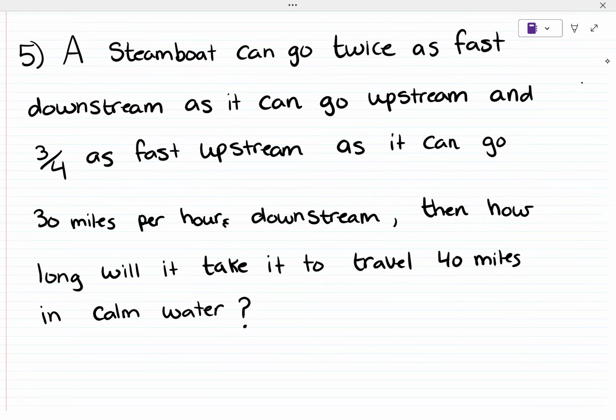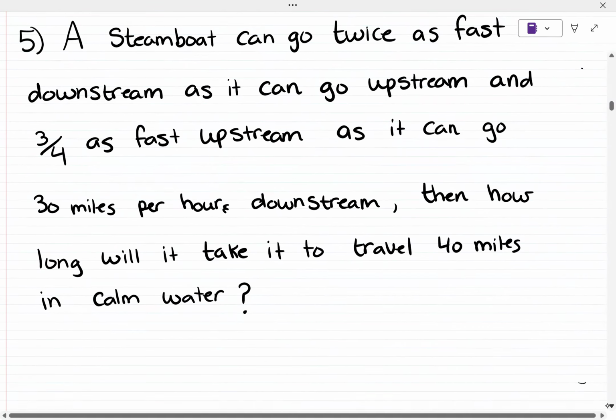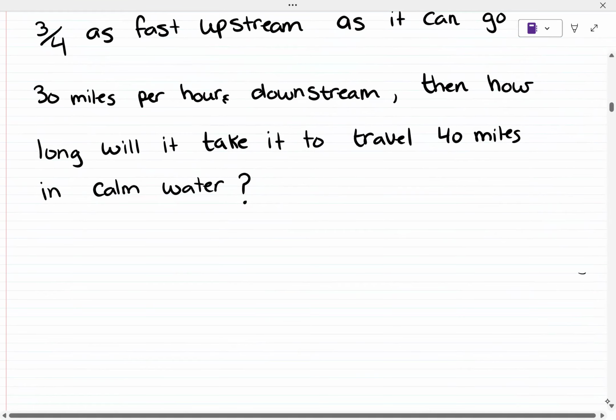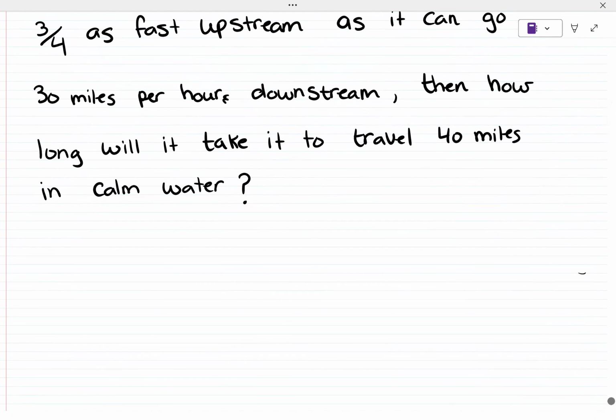Okay, so imagine a steamboat, or even just any kind of boat. It can go several ways. You can go upstream, which requires more speed or more work, right?